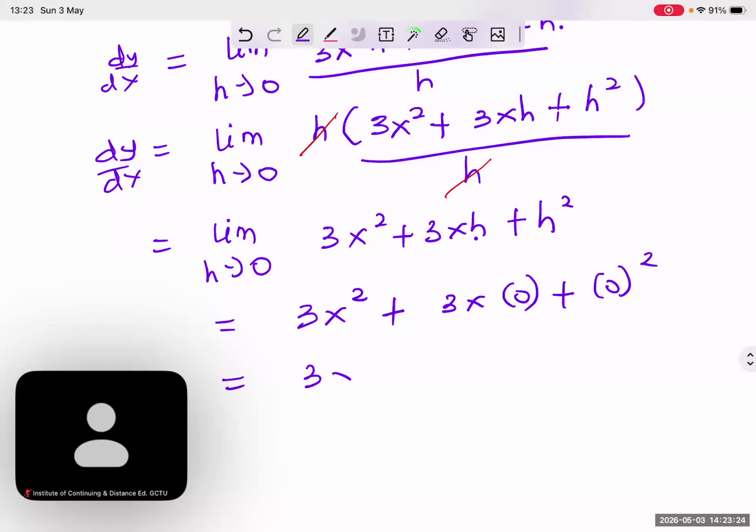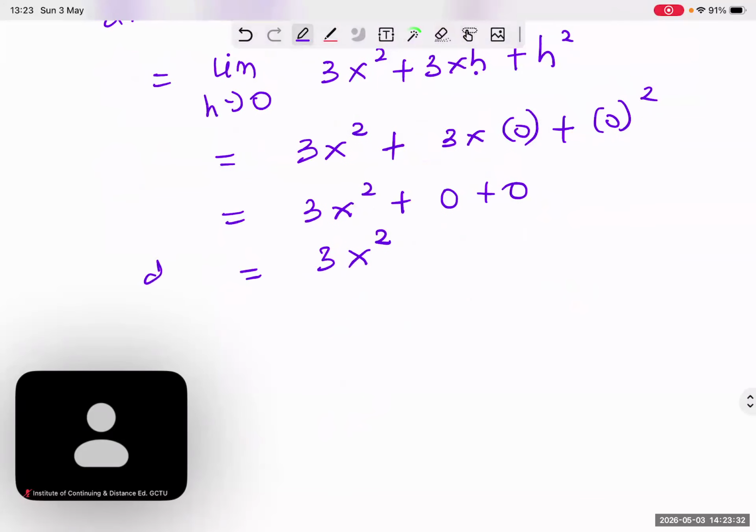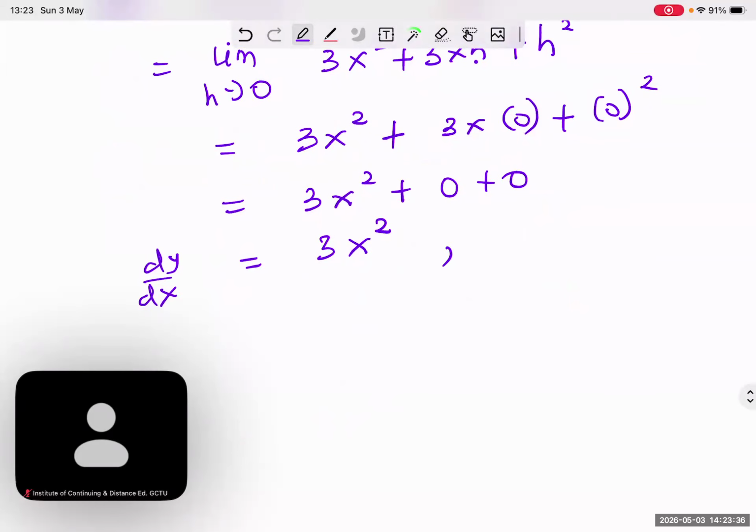And this is equal to 3x squared plus 0 plus 0. And the answer is 3x squared. So my dy dx is equal to 3x squared, where y was equal to x cubed. This is the answer we've gotten using the first principle of derivative.